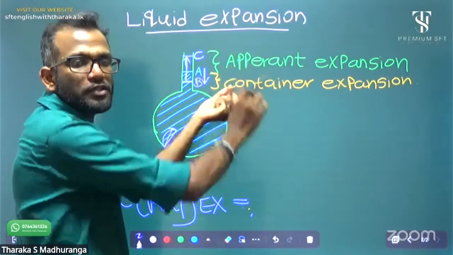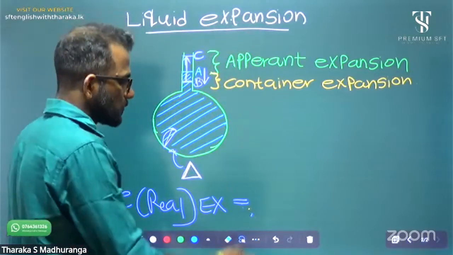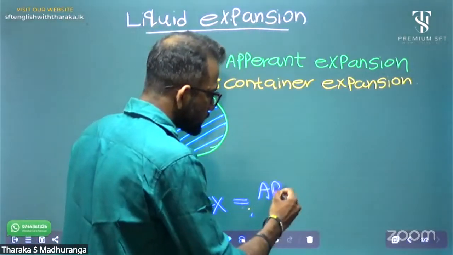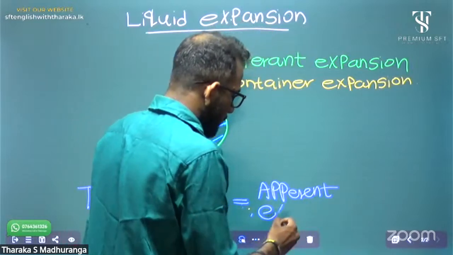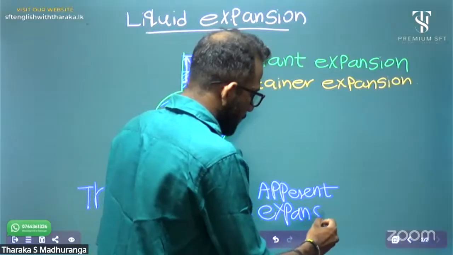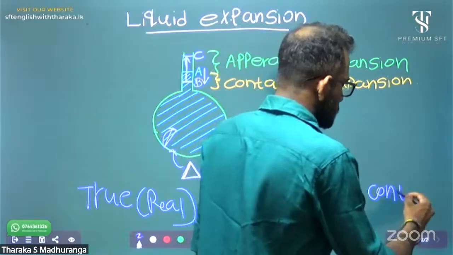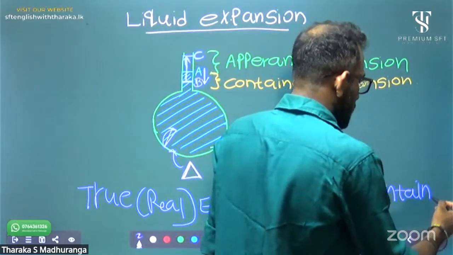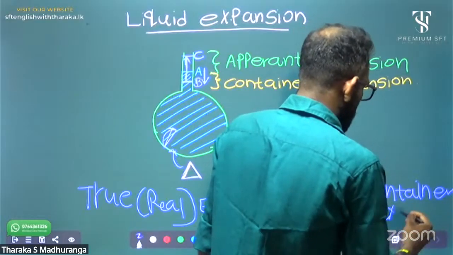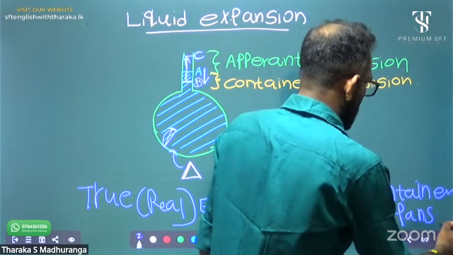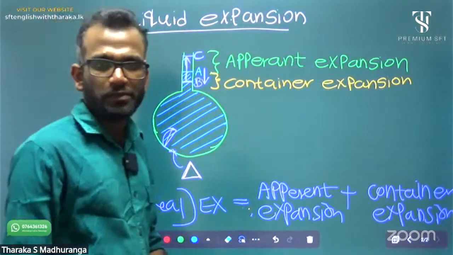The summation of both the apparent expansion plus the container expansion. That's the theory of liquid expansion. Gas is also the same, with container expansion. That's the basic theory of liquid expansion.